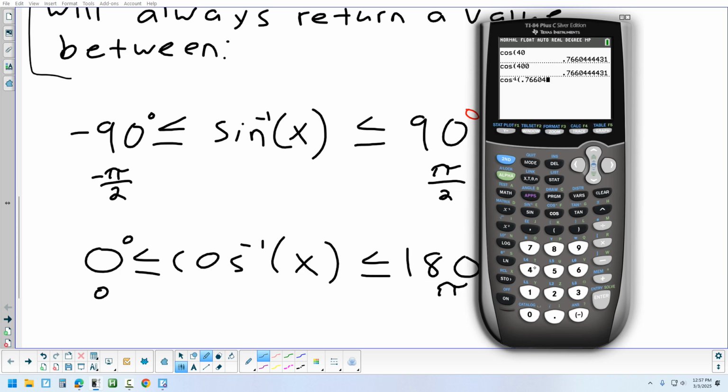It's going to give me, yeah, probably 39.9 or 40.000, because I rounded it. But it's going to give me back the one between 0 and 180. 400 is not between that. Okay. So most likely it would just be the smaller one? Yeah, well, whatever the one is between 0 and 180.